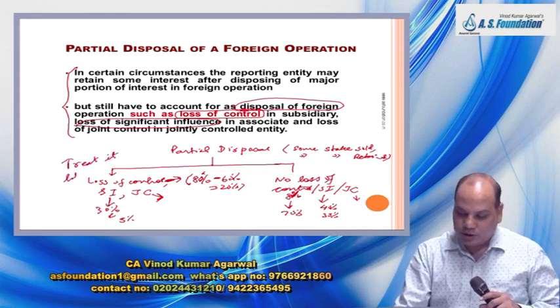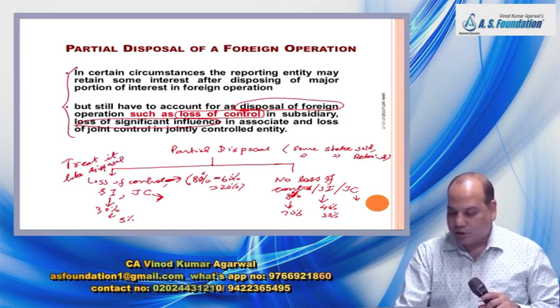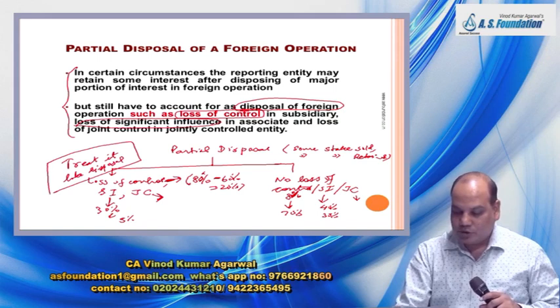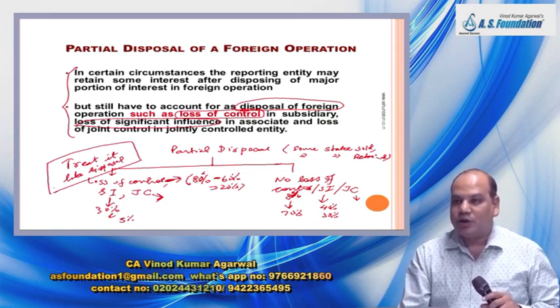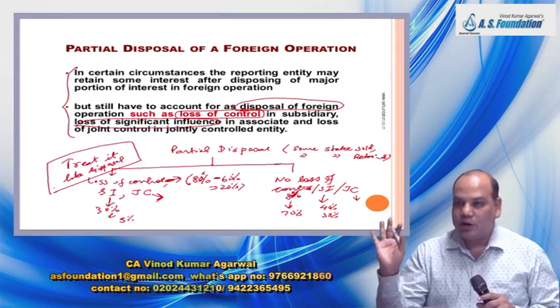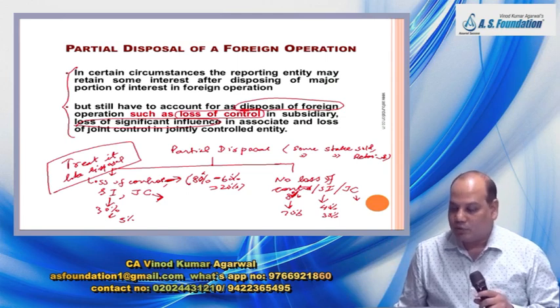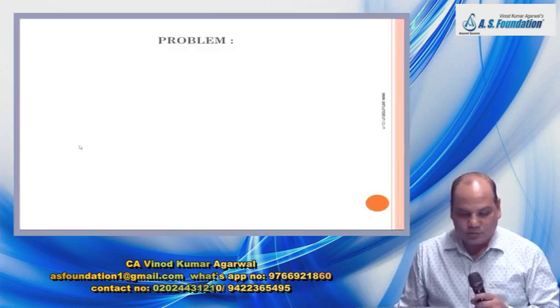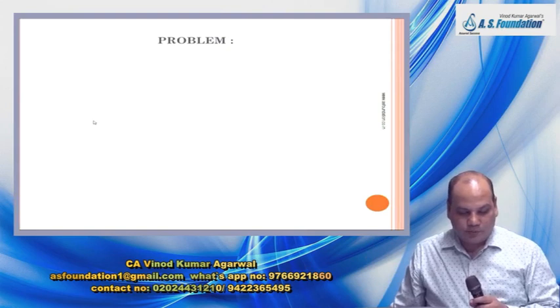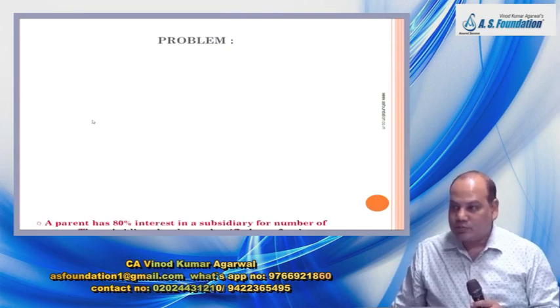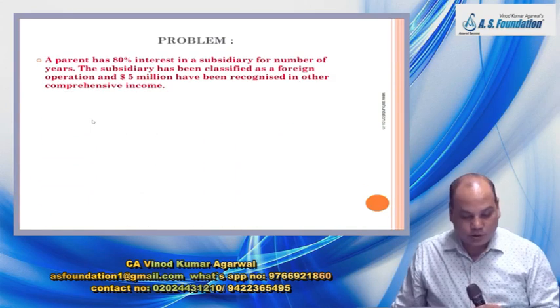So if you want to treat it like disposal, then what will you do with that FCTR balance? You fully derecognize in P&L account. Fully transfer to P&L account. Okay. Fully, not proportionately. So there is a question below.